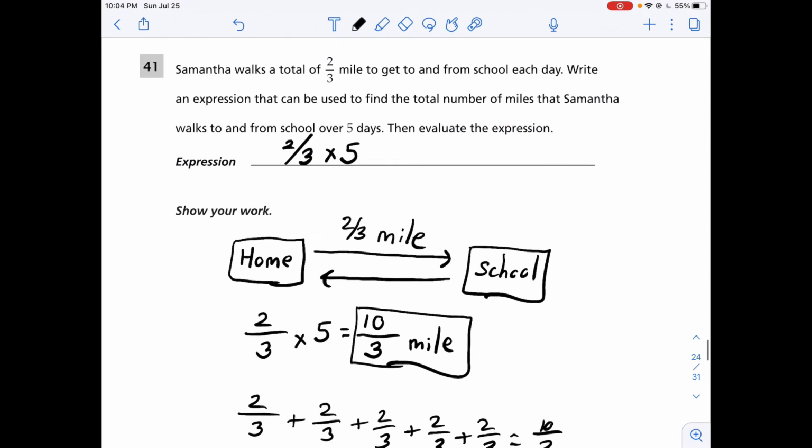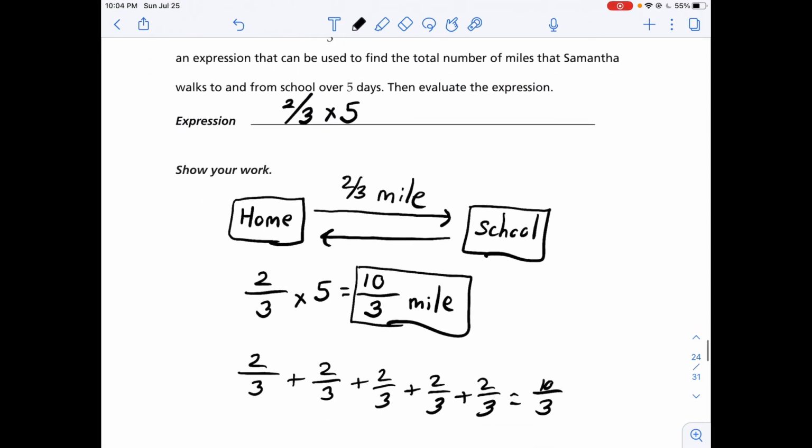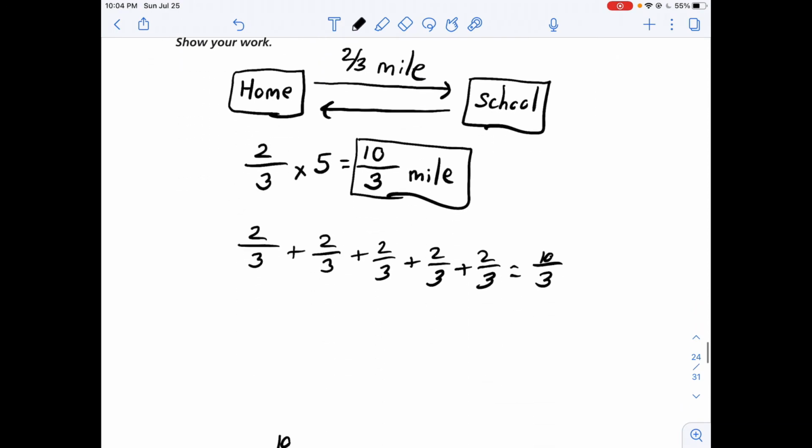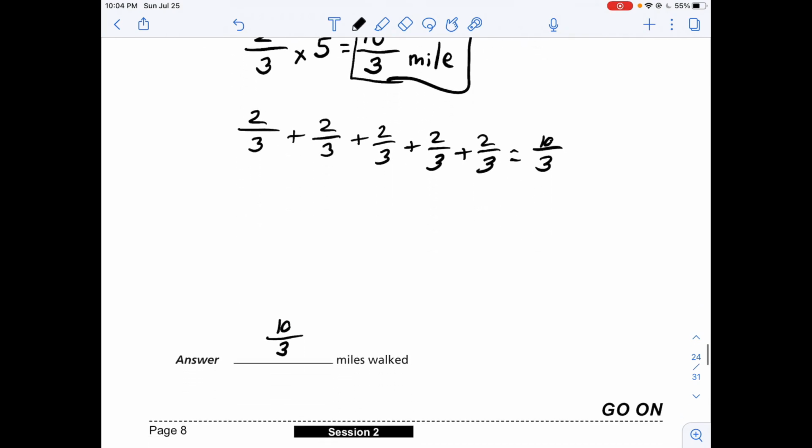It does not say to convert it to a mixed number. We could, but we don't have to. If we want to convert it to a mixed number, we can. So 3 goes into 10 3 times. There's 1 left over. So 10/3 or 3 1/3 miles, right? Because 3 goes into 10 3 times. We have a remainder of 1, so 3 1/3.